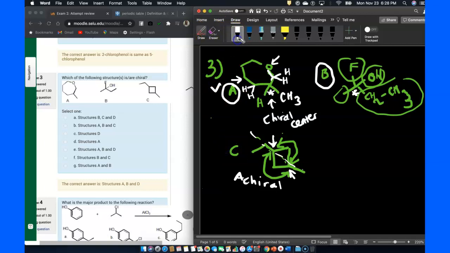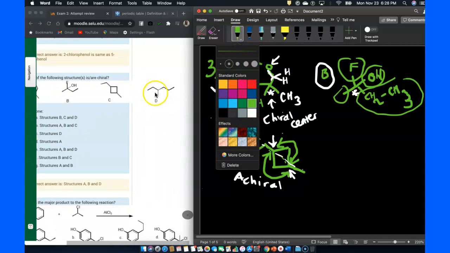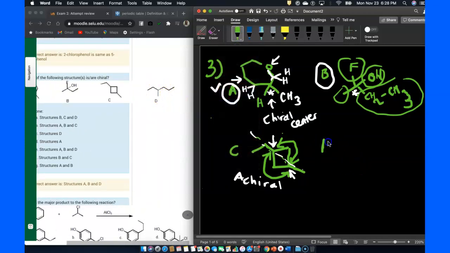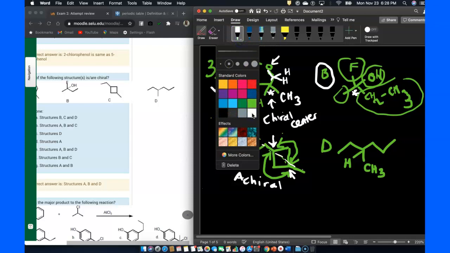Okay. So next we look at option D, which is this molecule. That's our D. You know there's a hydrogen here, and that already tells me that I have 4 different groups.